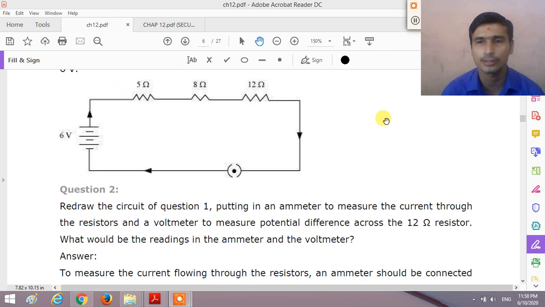This question you have to solve by yourself. We already discussed how in a series connection of resistors to find the electric current passing through the circuit and the potential difference across each resistor. Calculate the electric current passing through each resistor and the potential difference across each resistor.